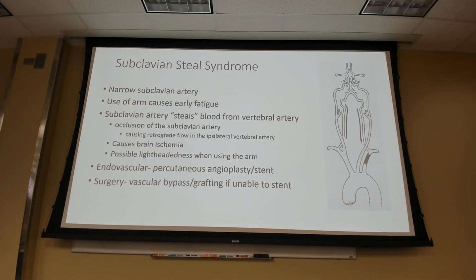They might have numbness in their upper extremity, tingling, those sorts of symptoms. But it's usually atherosclerotic occlusion of the subclavian artery. And then for treatment, we have endovascular and surgical repairs for it. We won't get into the details of those surgeries, but they'll typically require a surgery.